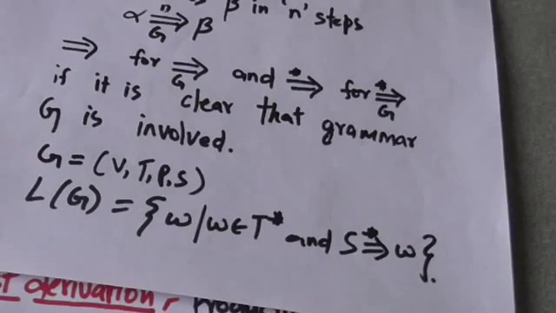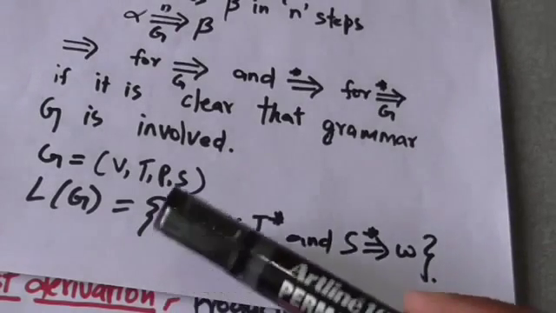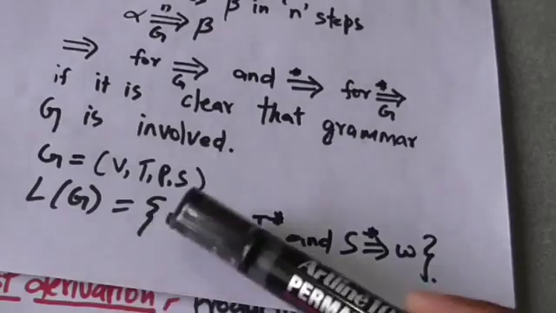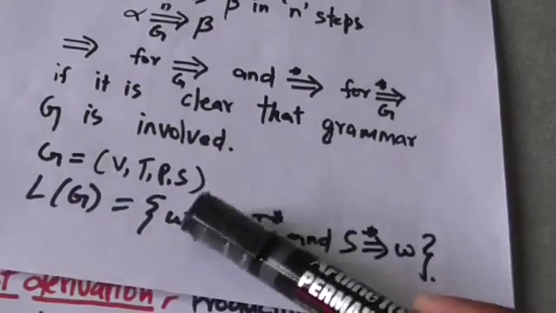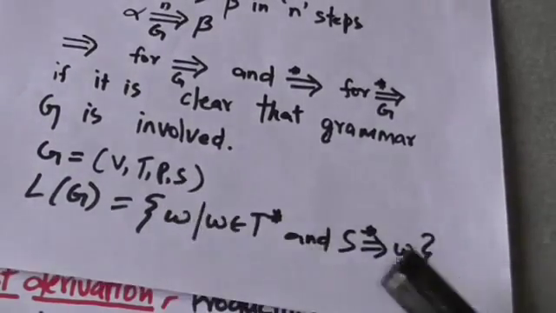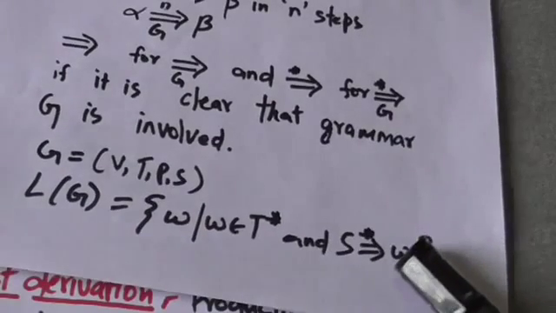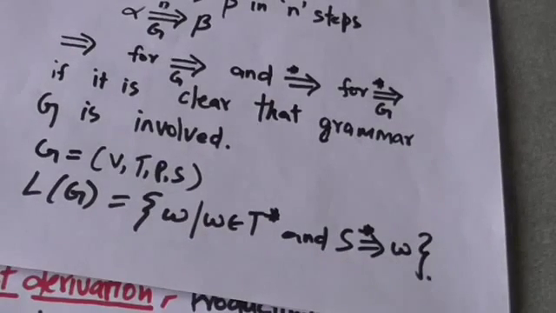Then its language L(G) will be the set of all strings of terminals which are obtained by applying the production rules in different order, starting from start symbol S. So L(G), the language whose grammar is G, is the set of all strings of terminals W, where W is a string of terminals which can be derived from start symbol S.